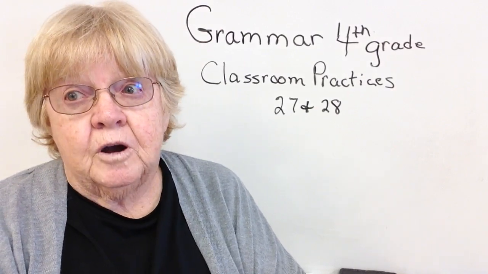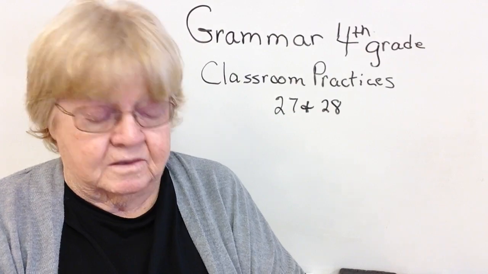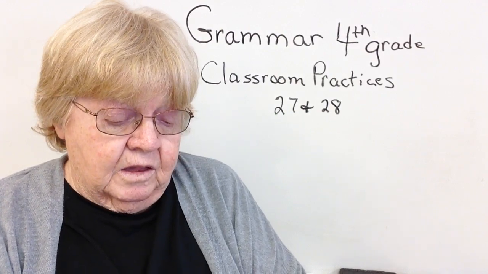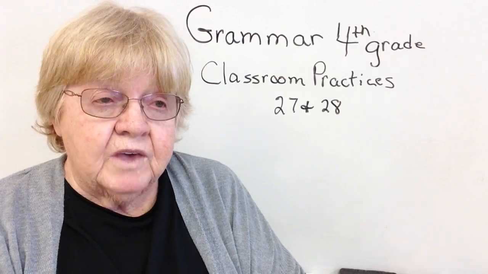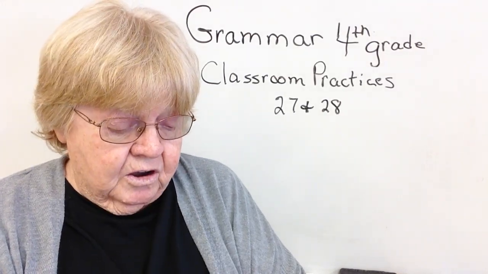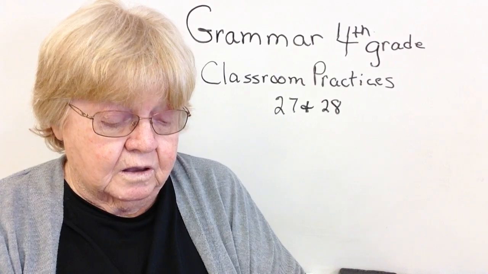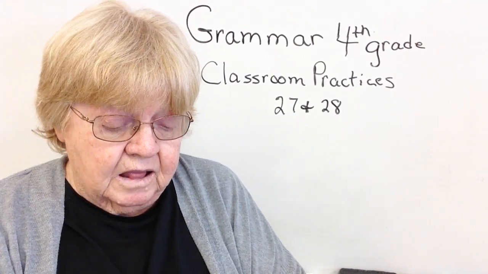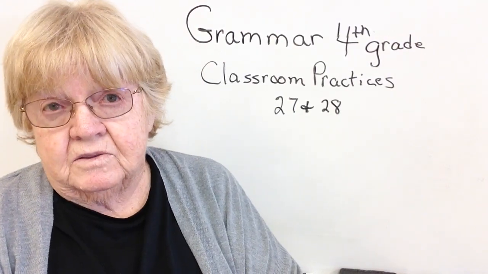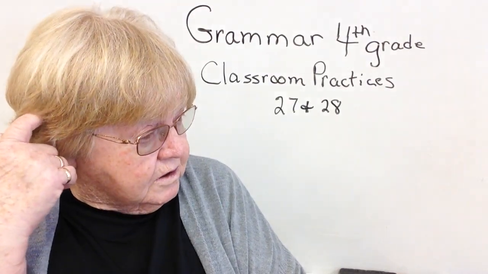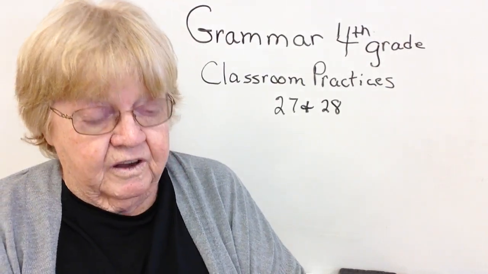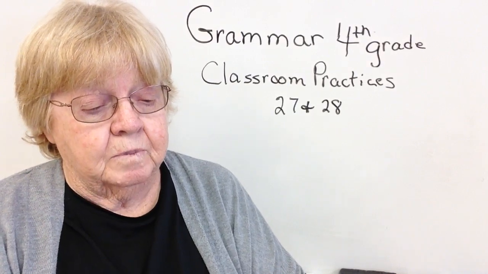Put your slash mark between rose and silence. Then we will rewrite our new sentence. We're going to start it with as. As the curtain rose, comma, silence fell over the audience. Have you got that?